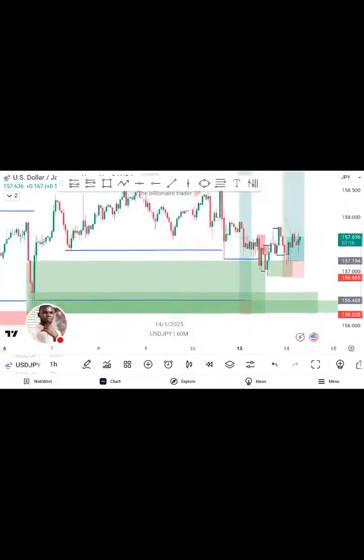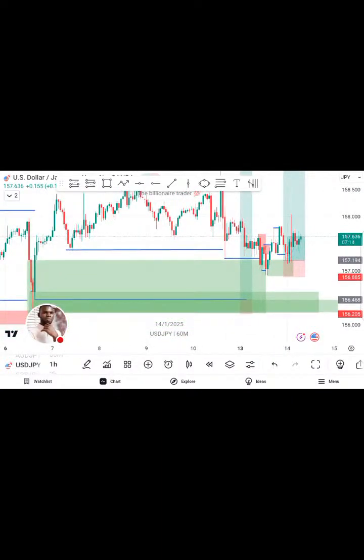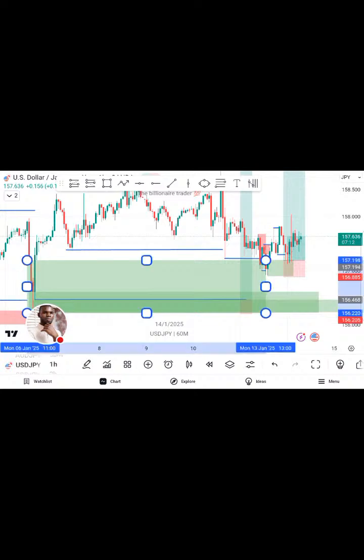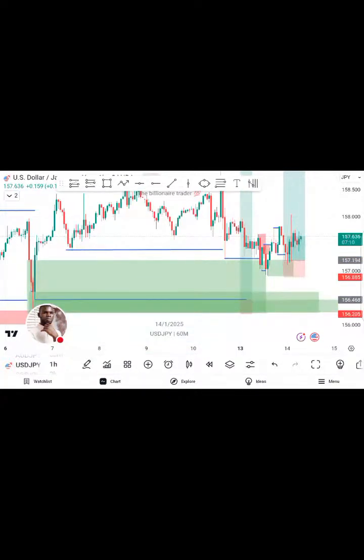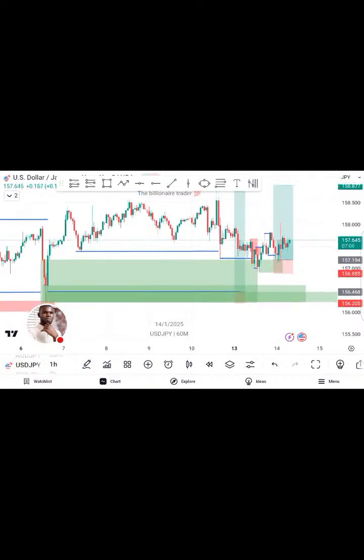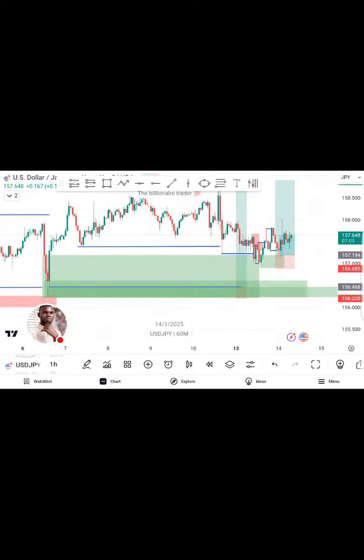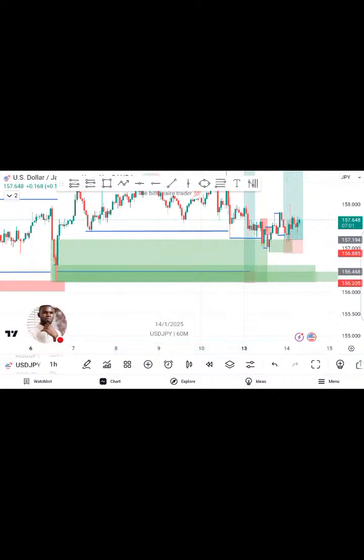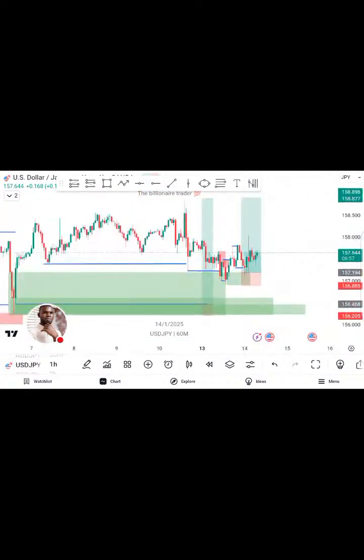So the logic behind this trade is we have mitigation of the 2 hours demand zone. Although I was still expecting that price should drop and come down to this POI I have here, the price did not do that before giving a change of character with two BOS with FVG below the second BOS.